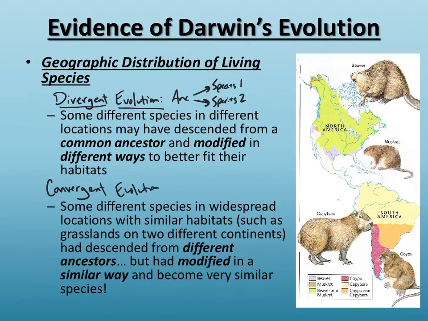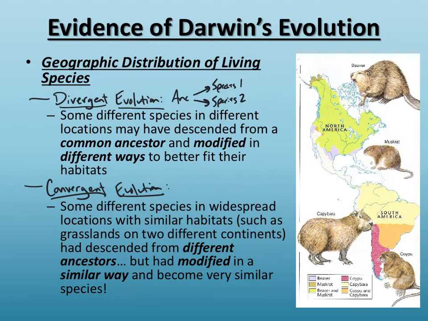So if you recall from earlier, we mentioned that fitness is relative, right? And it depends upon your environment. So Darwin also suggests that in some places on the planet, maybe we are seeing two very similar organisms that are really different and descended from different ancestors.